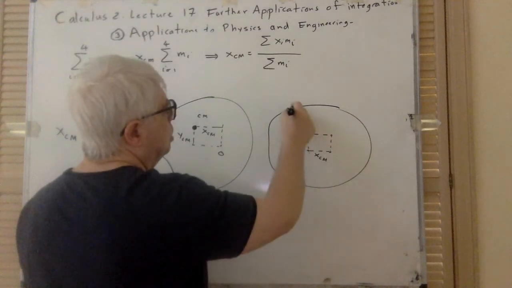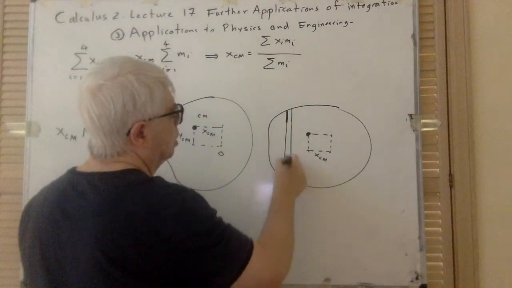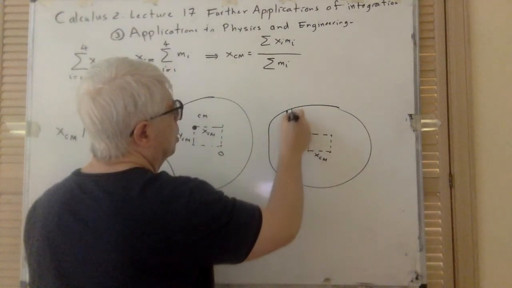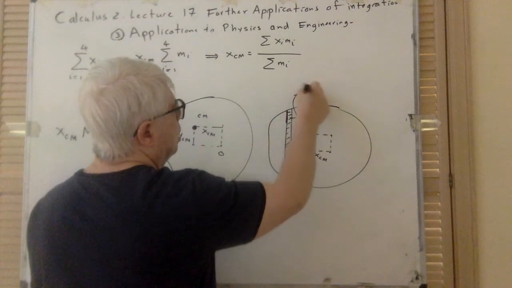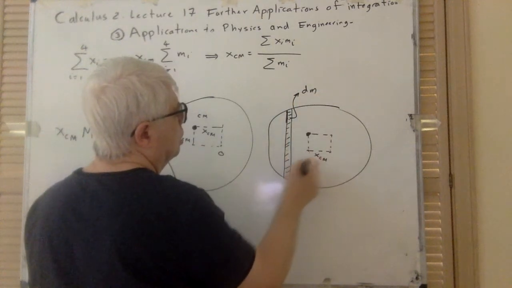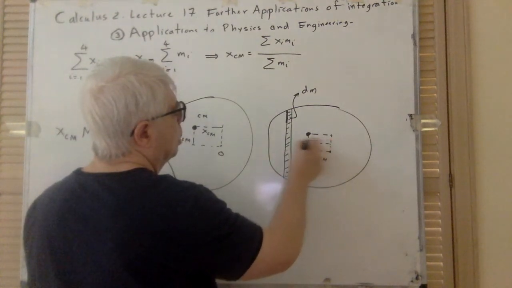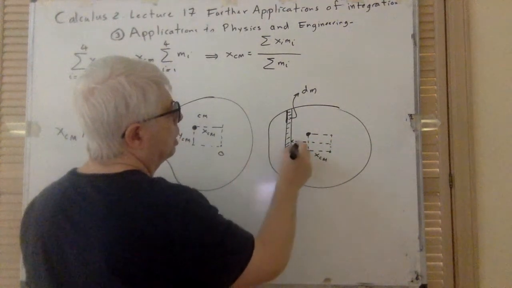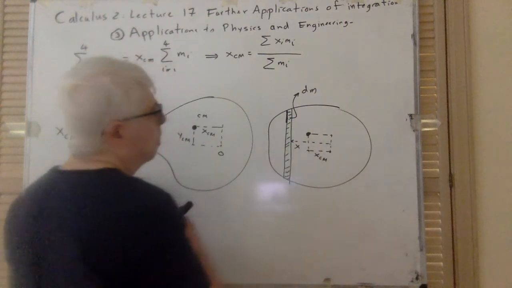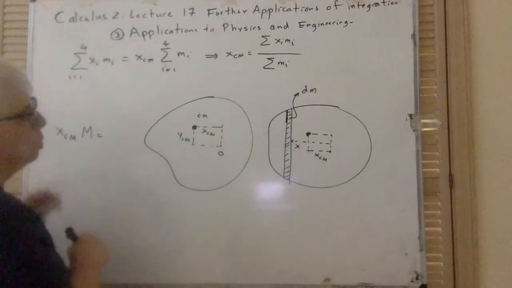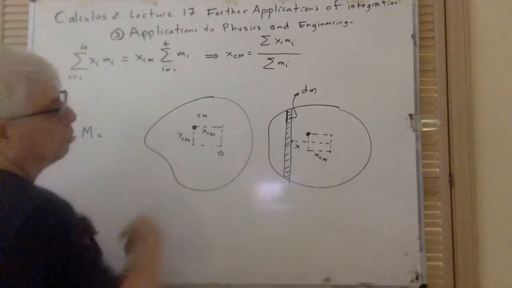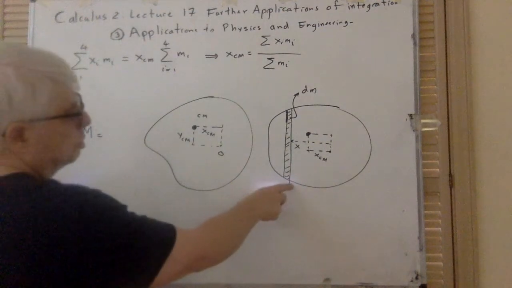So if this is the dm, say dm, and this is the distance from here to here, this is x, simply x.